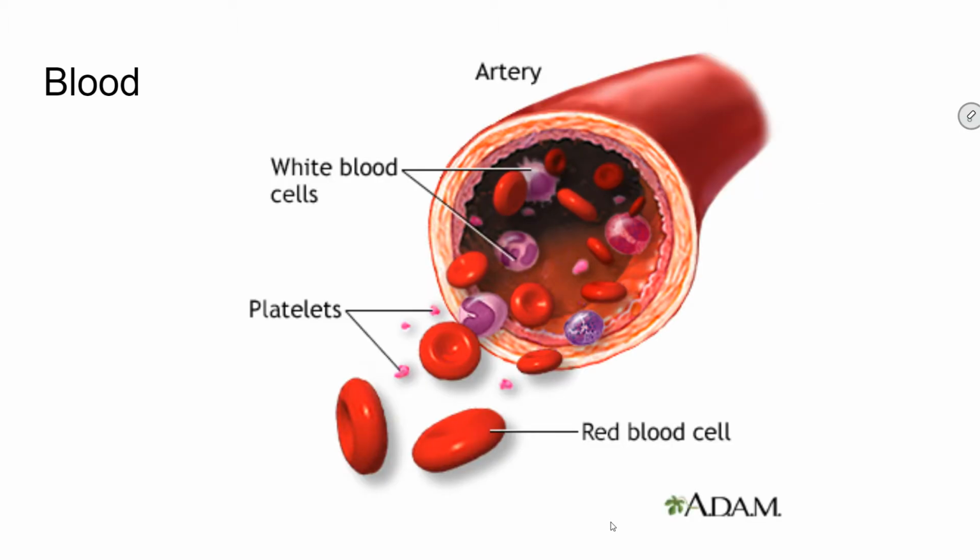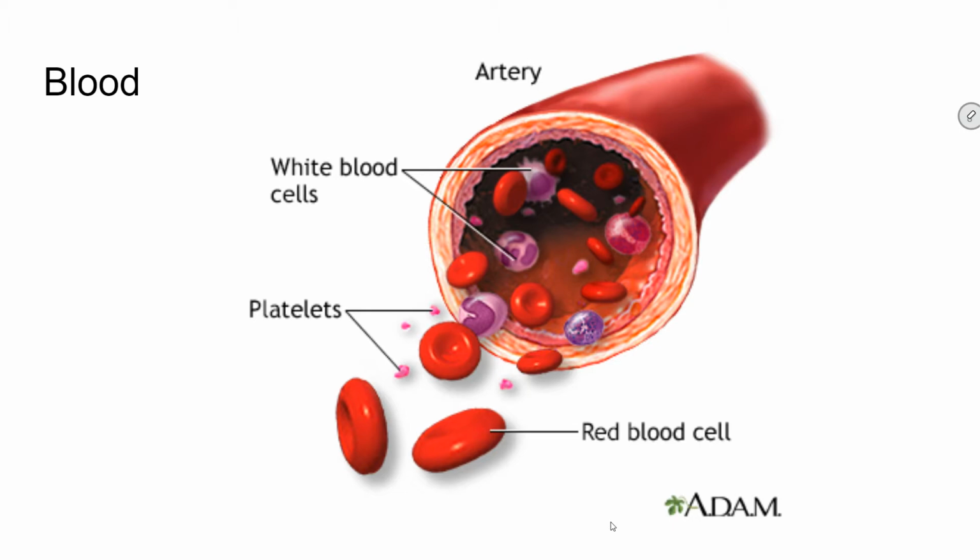So there's just a picture of some blood moving through a blood vessel to talk to you about what blood is. It is a life-sustaining transport vehicle of the cardiovascular system. It is part of the cardiovascular system. It is also considered a tissue, which we'll get into in a moment.